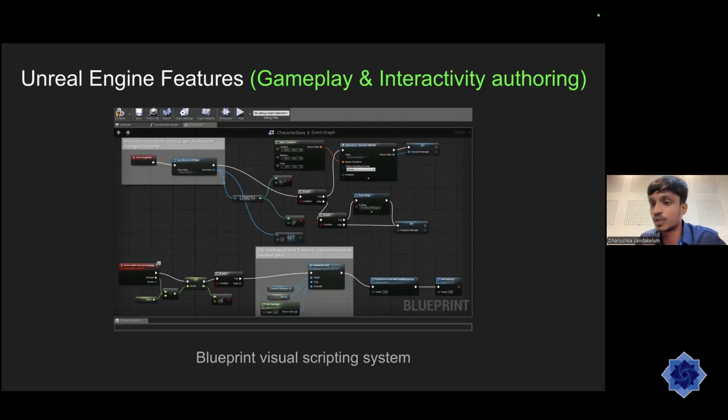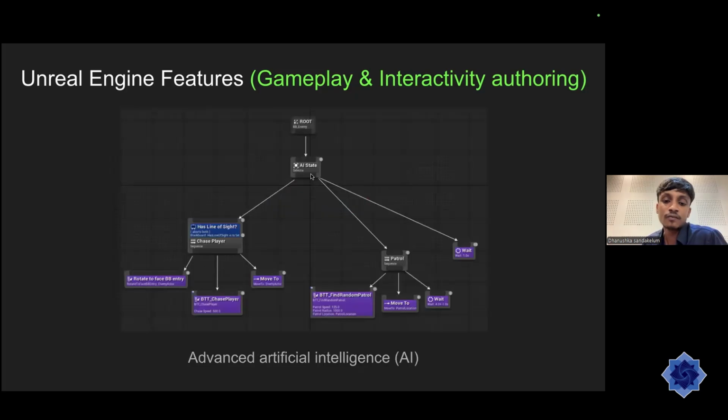But of course, you can use C++ to build games in Unreal Engine as well. And to build AI features, we have a concept called behavior trees in Unreal Engine, because decision making is what AI does, right? Those capabilities are there to make your NPC characters or any sort of entity like that.